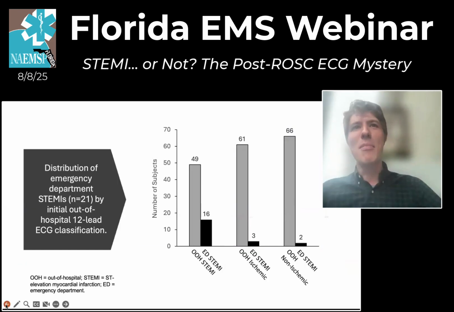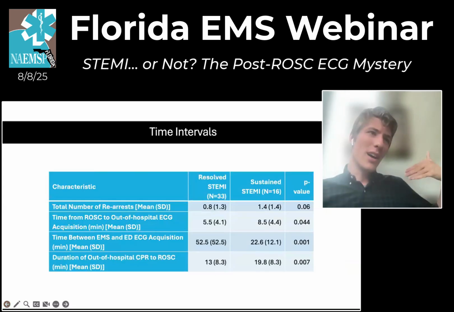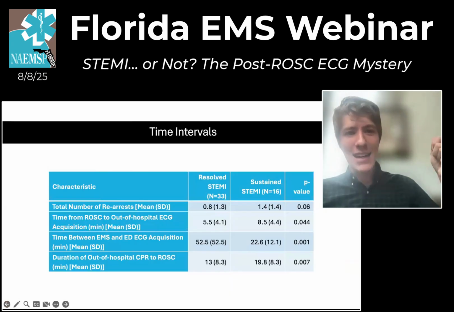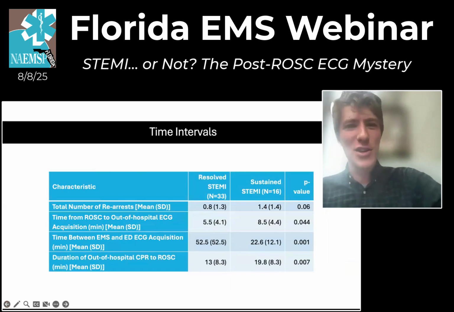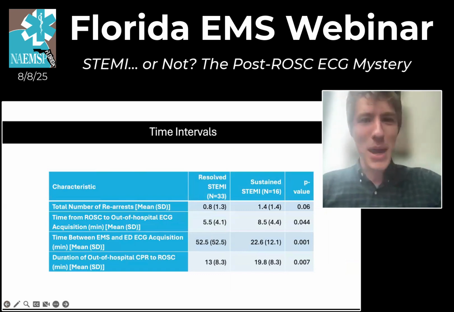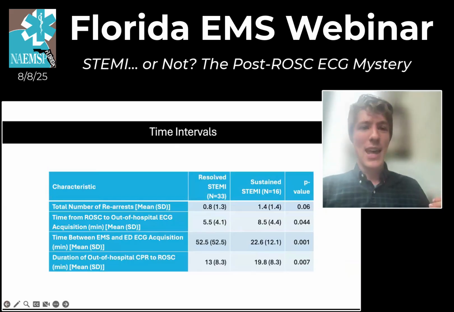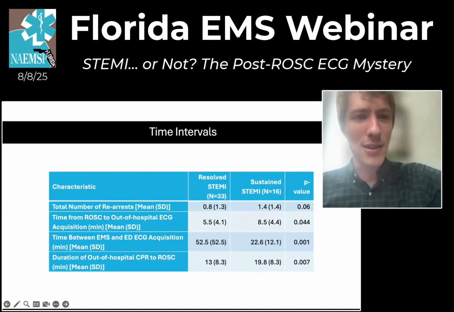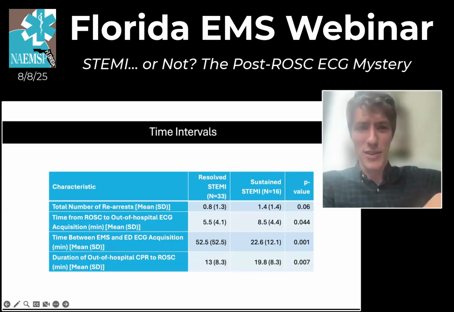One of the things that came to my mind that might contribute to that disparity was, if EMS clinicians walk into the emergency department and hand a very convincing tombstone ECG to the physician, and then that physician proceeds to thrombolysis or anticoagulates the patient, which facilitates reperfusion of the culprit artery, and then acquires an ECG 30 minutes after some of this therapy has been applied, maybe that contributes to some of the disparity in times between those initial ECG acquisitions and the late ECG acquisitions where the STEMI has resolved.